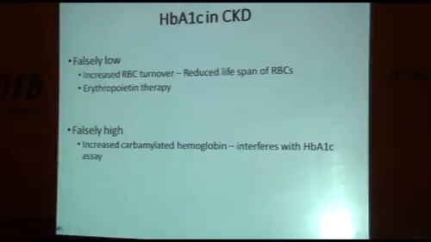There will be increased hemolysis and a reduced lifespan, and there is an additional contribution from erythropoietin therapy. The newly formed RBCs lead to increased turnover and a falsely low HbA1c.